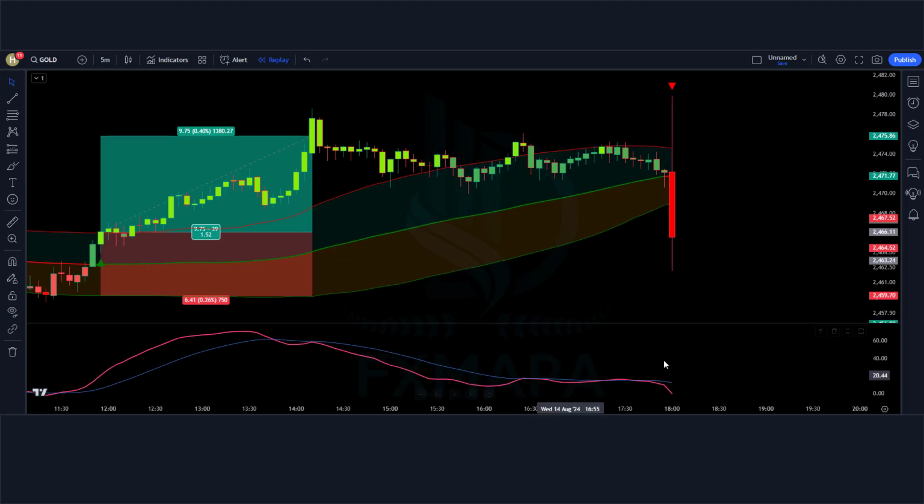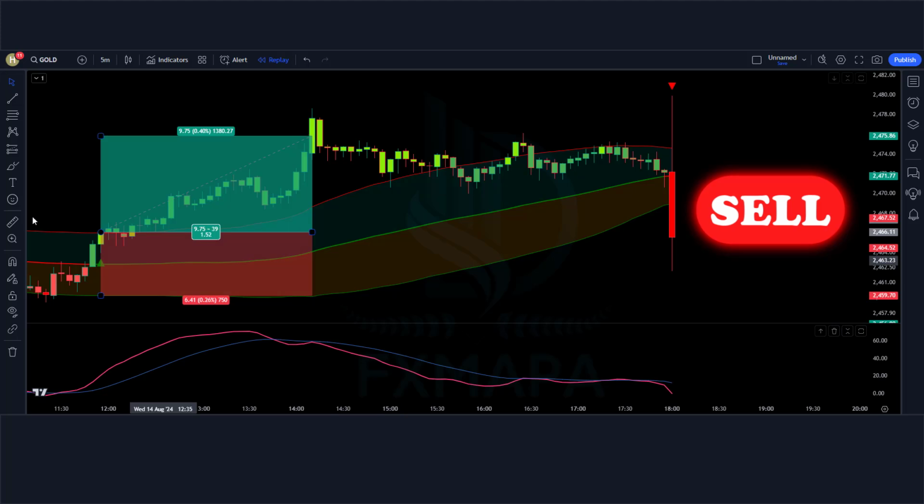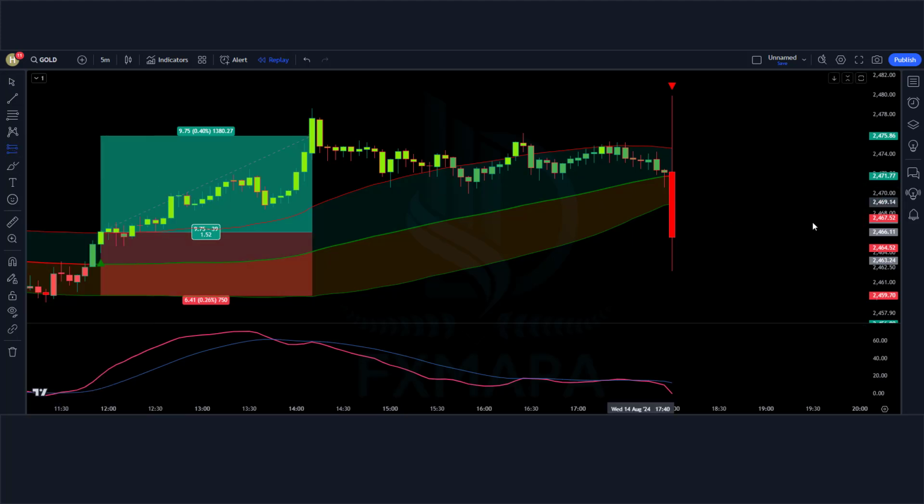We have got the signal. Here the Bollinger Bands filter indicator has given us a sell signal. The market price is below the SMA line and the SMA line color is red. The blue line of the SMI indicator crosses the pink line upwards. So all our conditions are being fulfilled, so we are placing an order to sell.